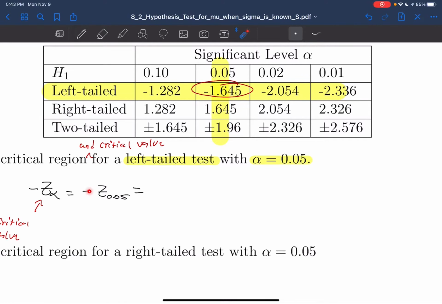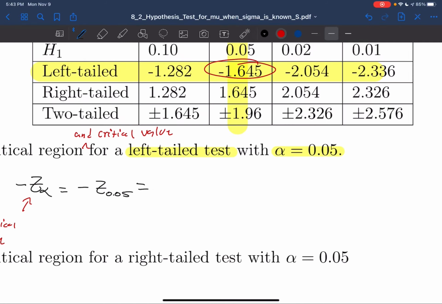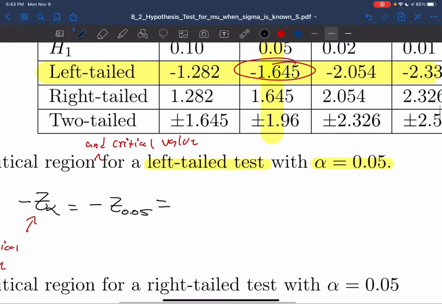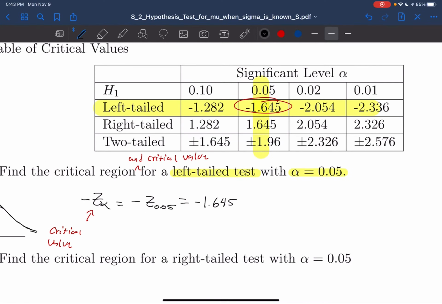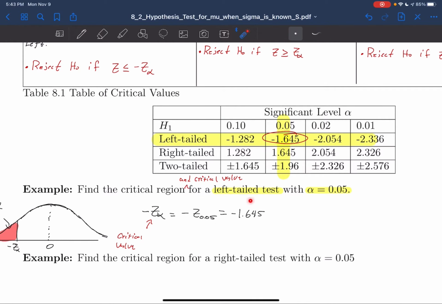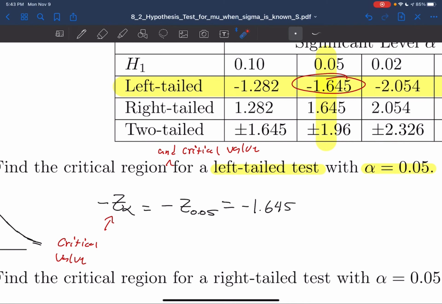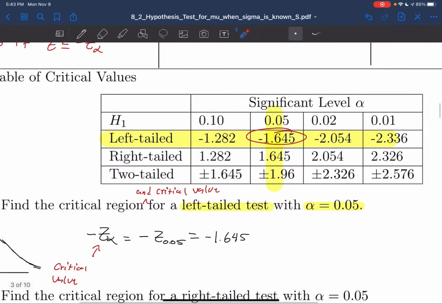So this is going to be equal to negative 1.645. So our critical value for the left tail test when alpha is equal to 0.05 is negative 1.645. And we got this value again from the chart.